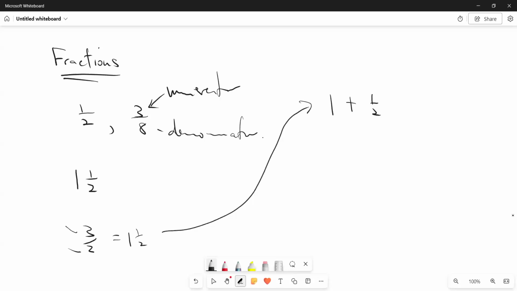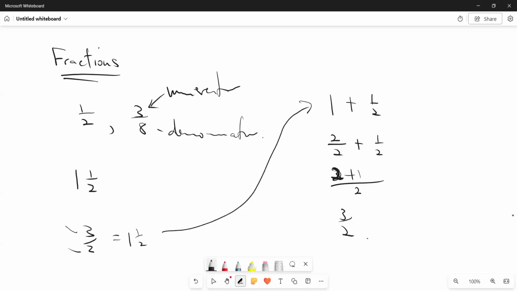And if you were to write 1 with a denominator of 2, it will be 2/2, right? And if we add a half here, the common denominator is 2, and you just add the numerators. Sorry, 2 plus 1, so that's a 3 over 2, right?